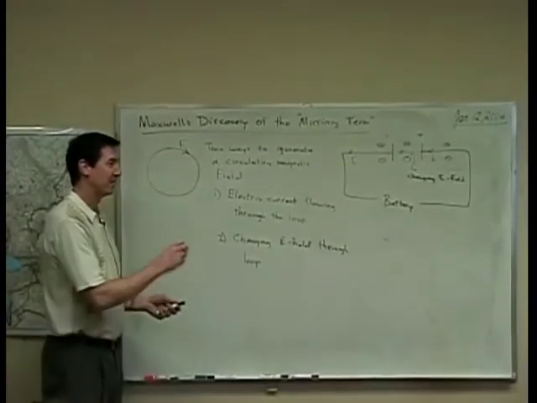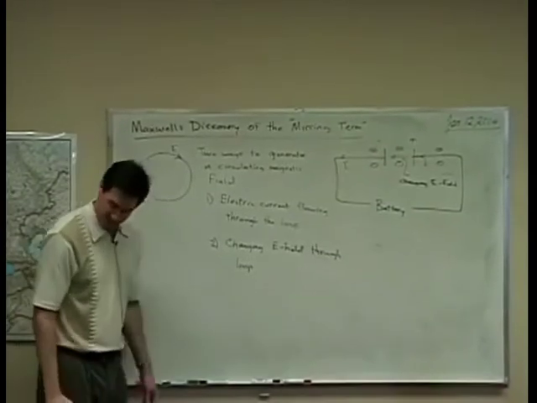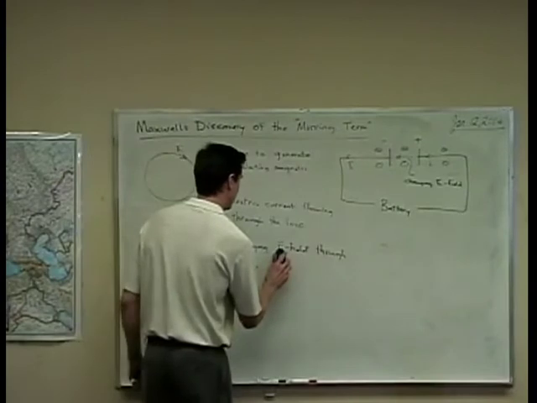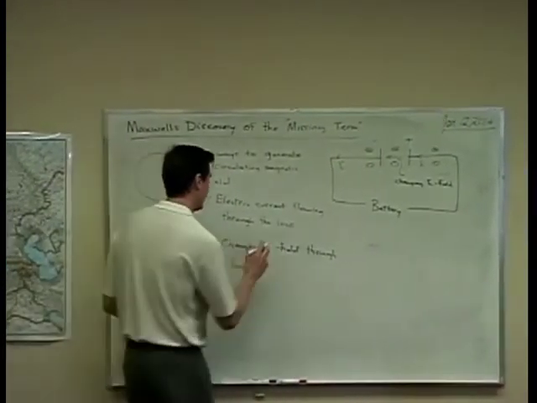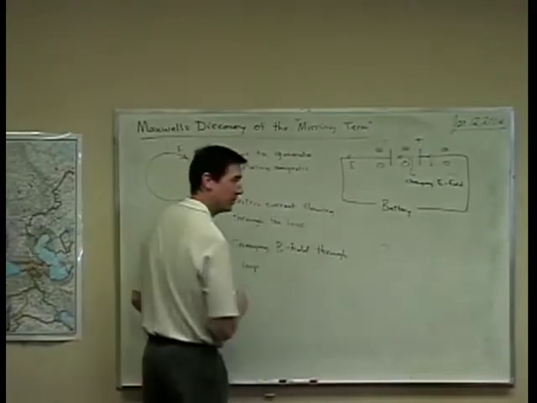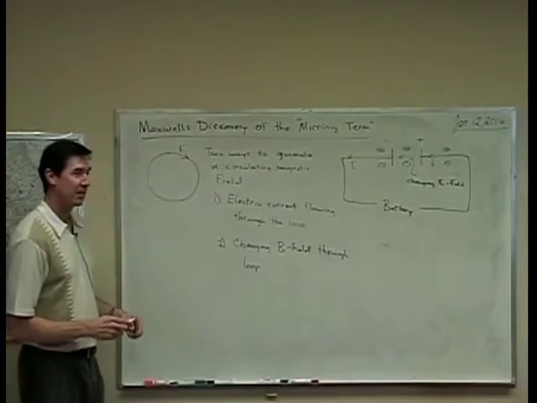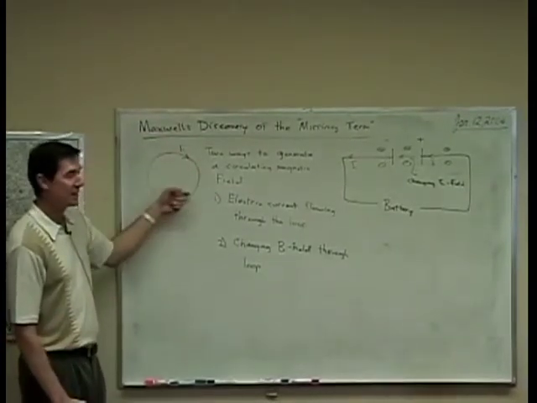You could take a bar magnet and move it. Right, okay, so that just means we need a changing B field through the loop, right? That will work.